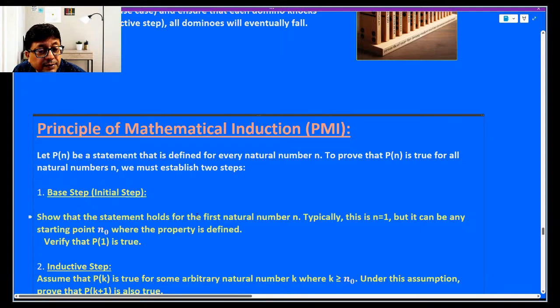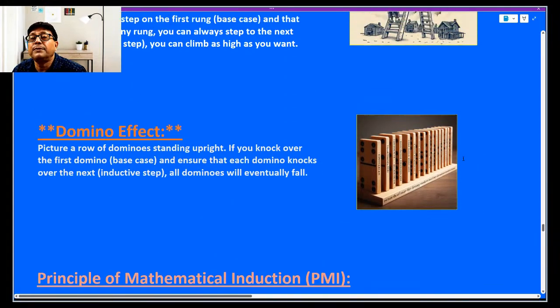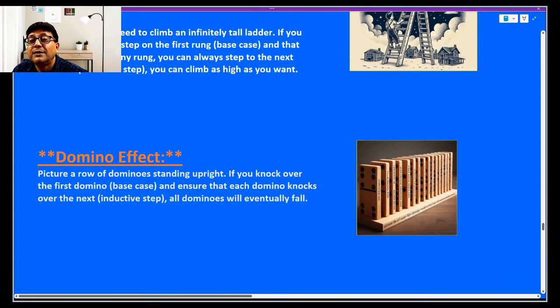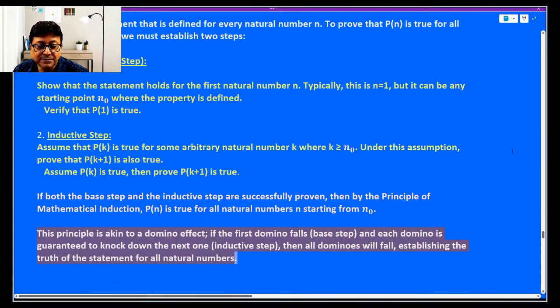Initial step. In the case of climbing the stair, the boy may be initially at n equal to 3. That can happen. Okay? That's why I've taken that as n0. N0 is the initial value of n. For this problem, if you are doing it for n equal to 1, then n0 is equal to 1.